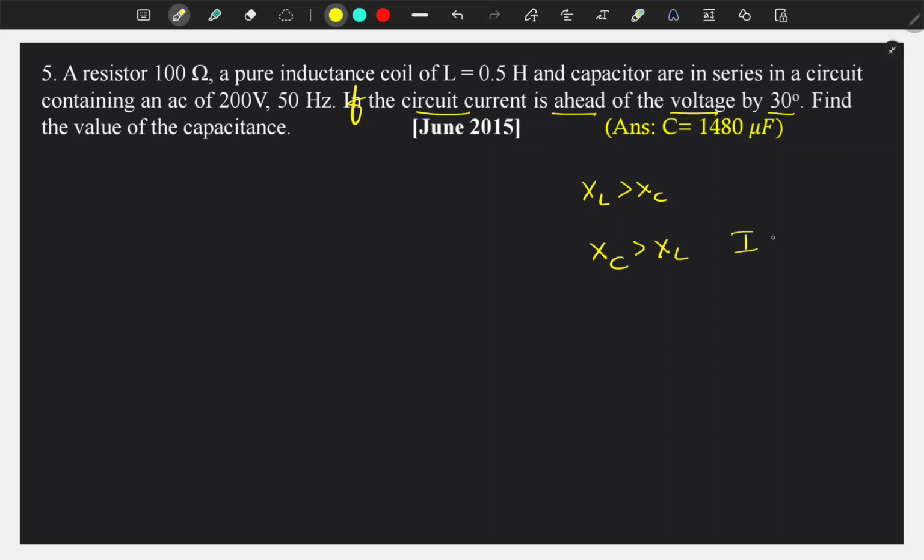The hint that we have here is ICE and ELI. In case of a capacitive circuit, current leads the voltage or EMF. In case of an inductive circuit, EMF leads the current. So here since the current is ahead of voltage, we can consider it is a capacitive circuit. So by considering that, first let me write the data.